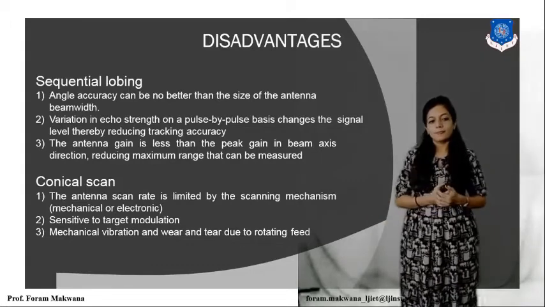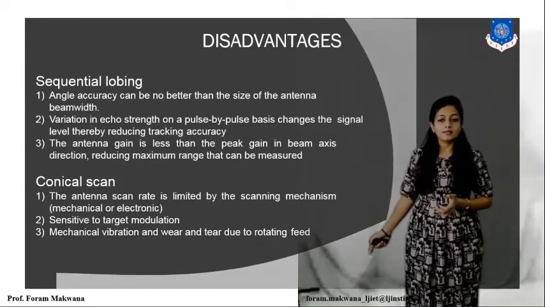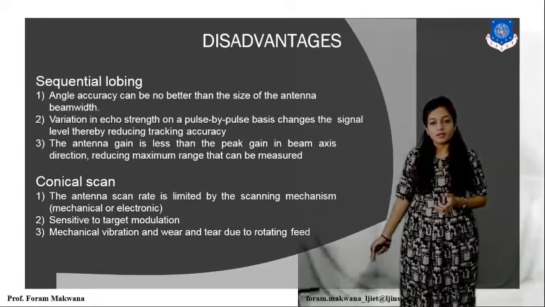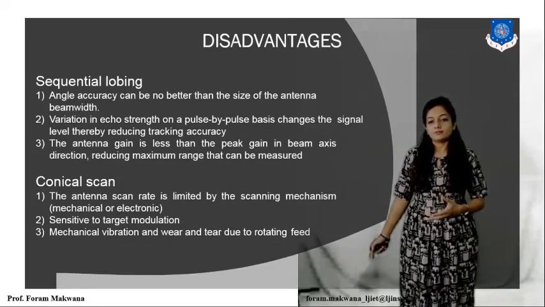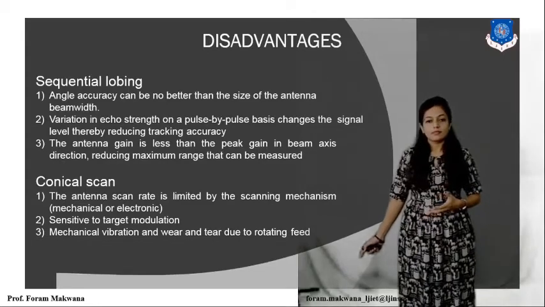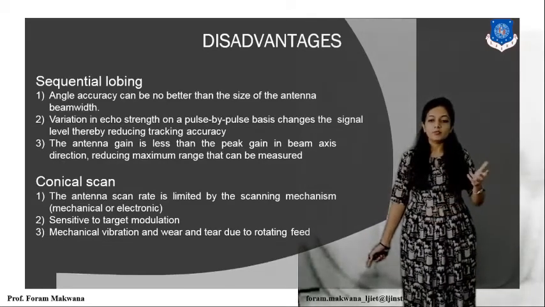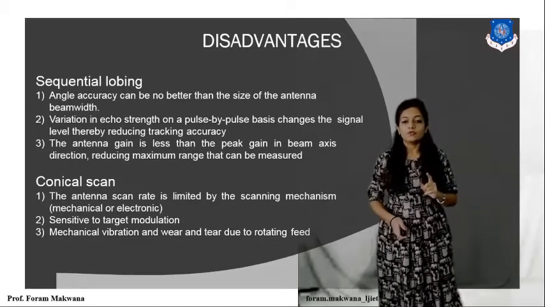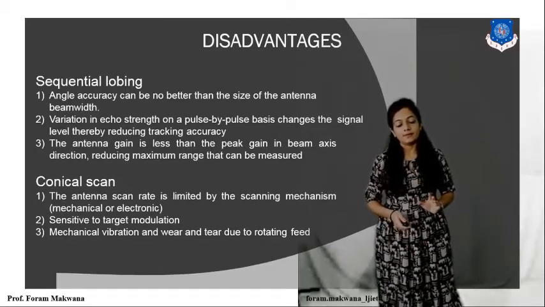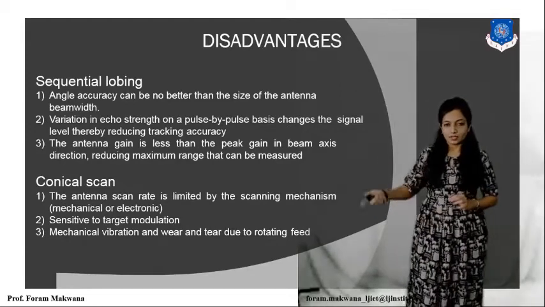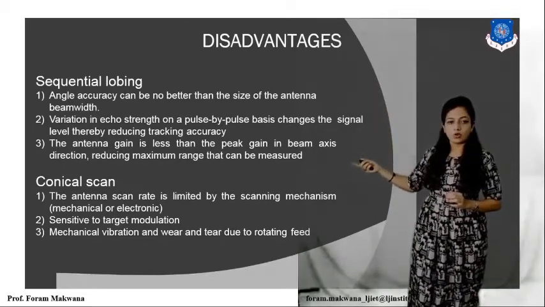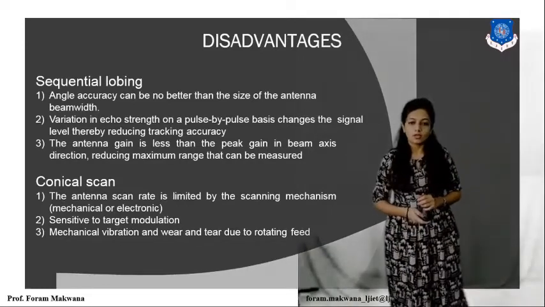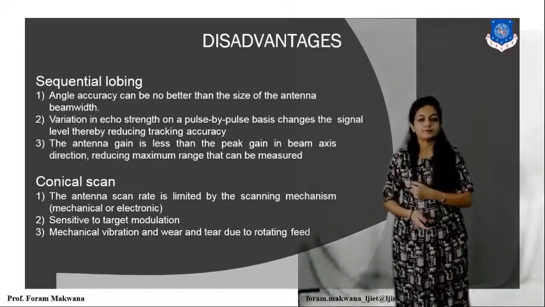And third, if there is mechanical vibration due to the rotating feed, it may cause error in the azimuth and elevation angle rotation of the antenna. Okay, so these are the disadvantages of sequential lobing, and this is for conical scanning. Alright.